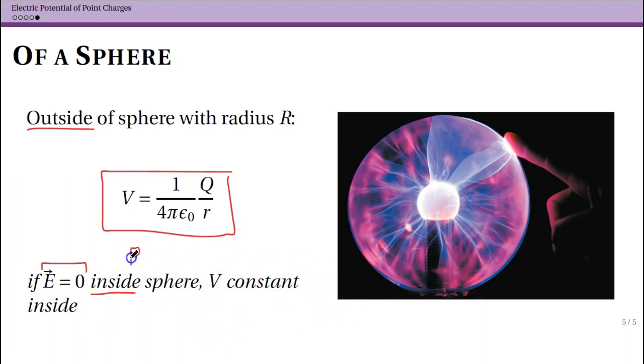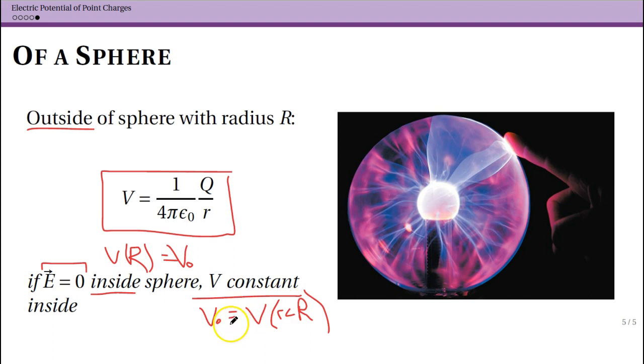So at the surface of the sphere, we can define it to be V0, and then our V0 that is constant inside equals that surface, right? So this is V of the surface, and then this is V with r less than the surface radius. That is only true again if the electric field is 0 inside, which is true in some situations.